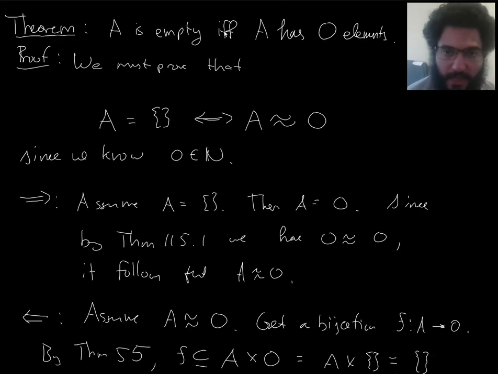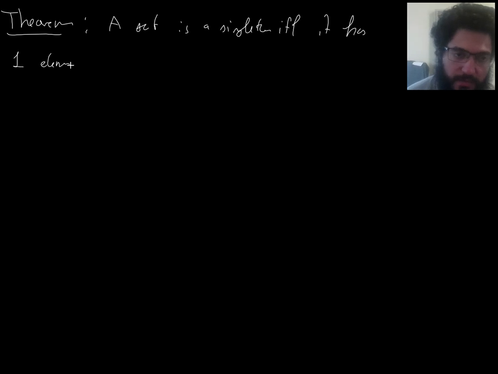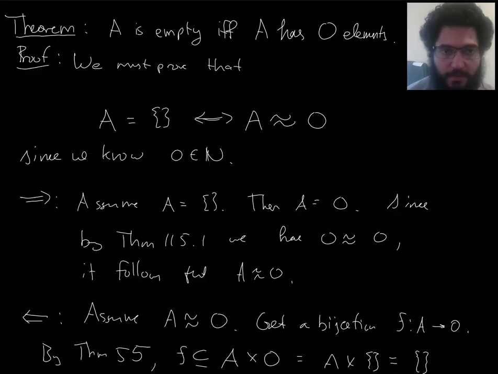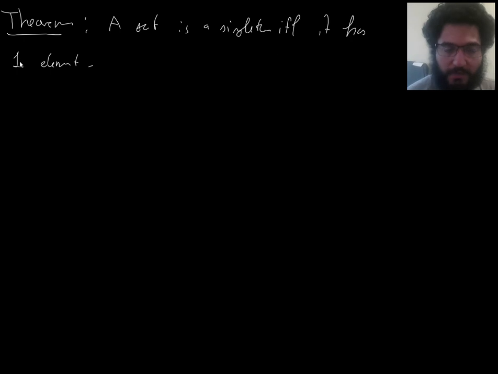Let's prove a less misleading, I think, version of what we just proved. The empty set if and only if it has 0 elements. How about a set is a singleton if and only if it has 1 element. And here you see I'm writing the natural number 1, right? Just like here I wrote the natural number 0 because I'm writing has n elements with 0 in for n, or with 1 in for n.